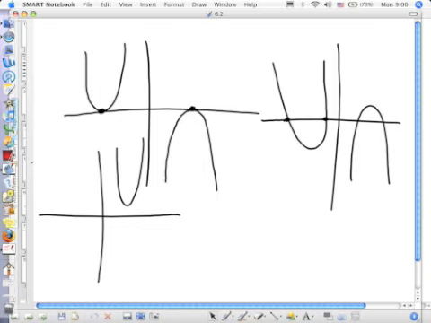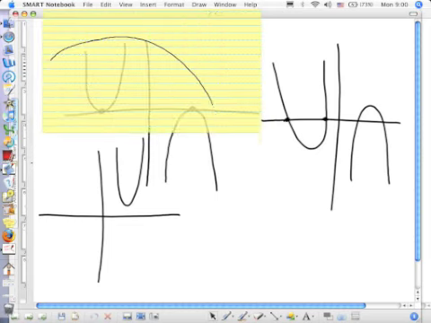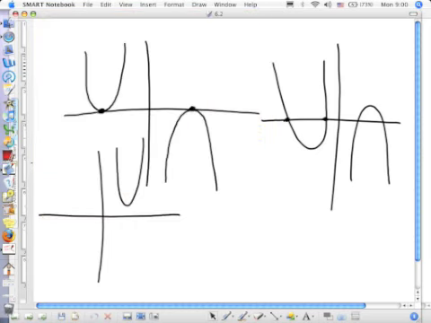In this first example, if the vertex is sitting on the x-axis, then there is only one spot where it touches. In the example underneath, if the vertex of a parabola that opens up is above the x-axis, it will never cross the x-axis.